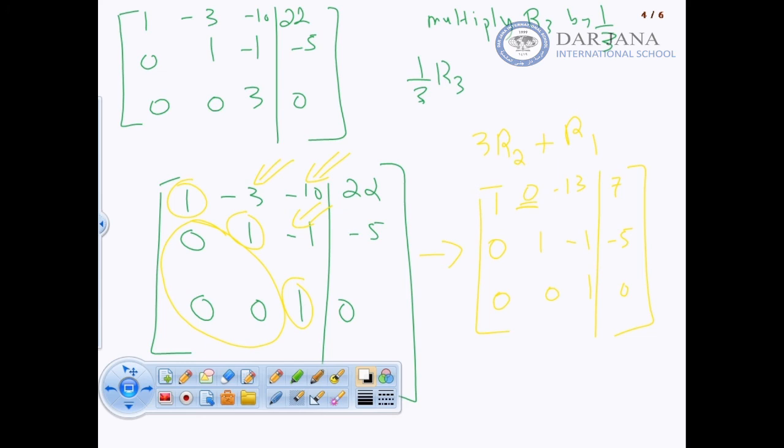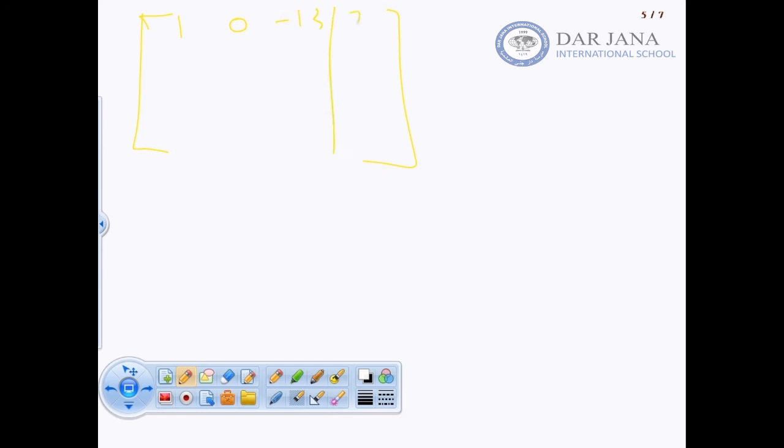Also, I'm going to add R3 to R2. So we have this matrix: 1, 0, negative 13, 7, 0, 1, negative 1, 0, 0, 1, negative 5, and 0.